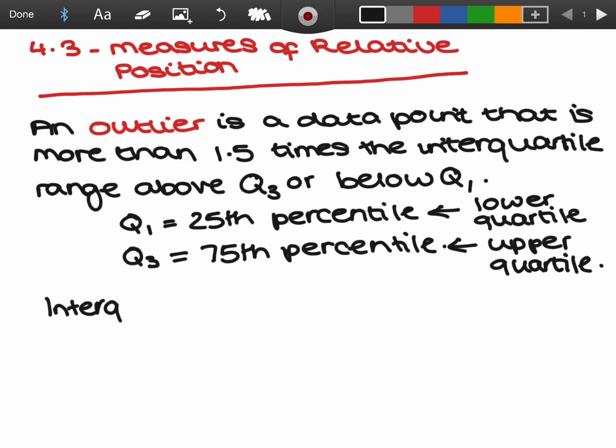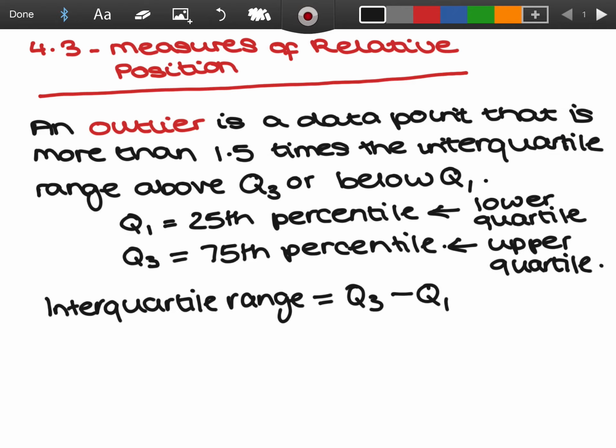The interquartile range was just whatever data point Q3 was minus the data point Q1. Okay, it tells you how wide that middle 50% of your data is. It tells you how spread out that middle 50% of your data is.